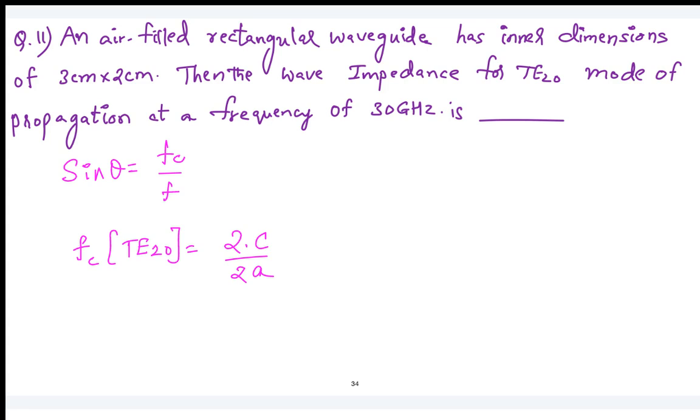So that is equal to 3 into 10 power 10 divided by 2 into a. So what is the value of a here? 3 centimeter. So you are going to get gigahertz. Okay. Once you know the cutoff frequency for this particular mode, then calculate the wave angle.